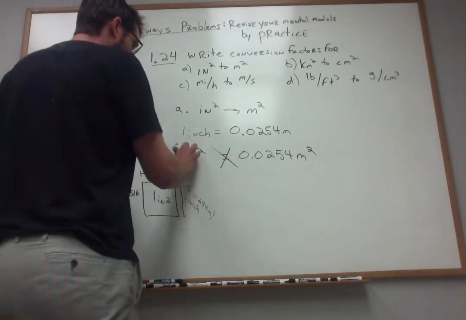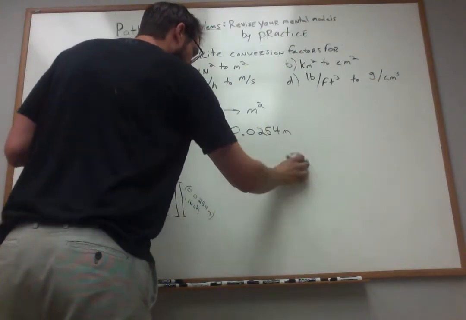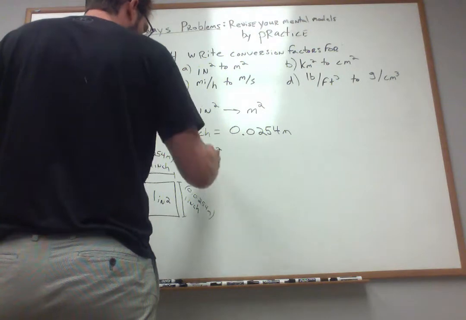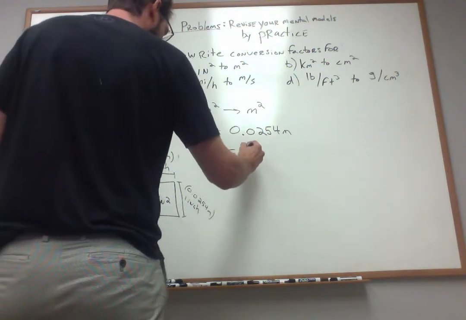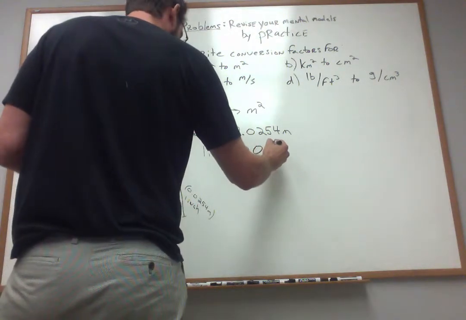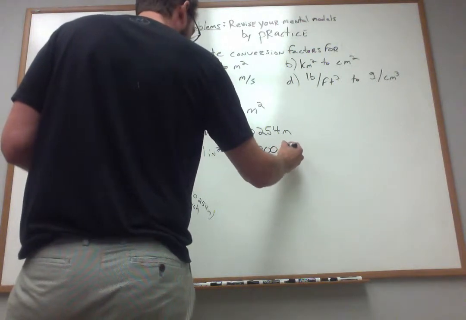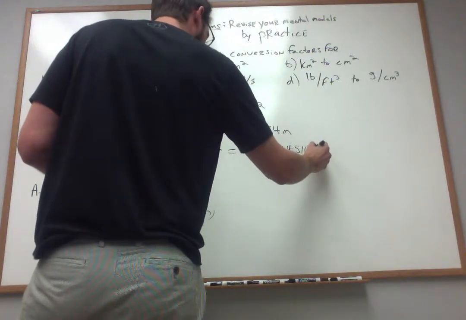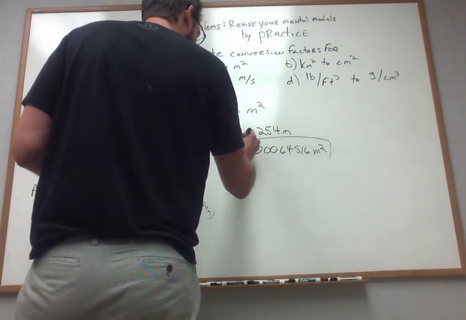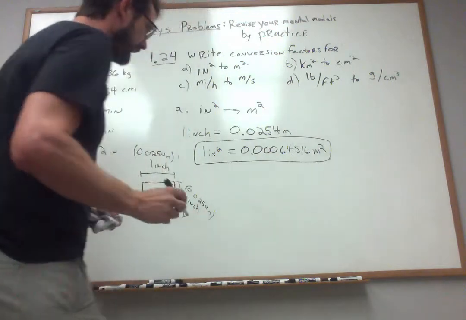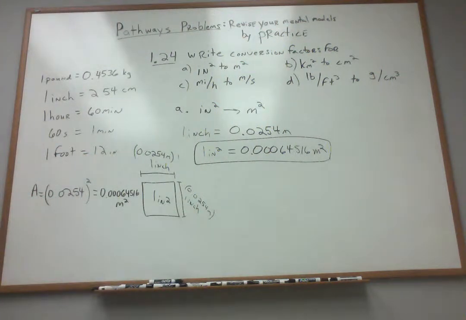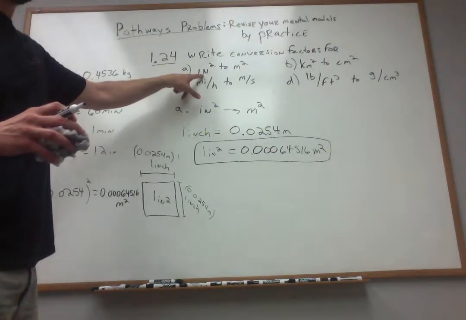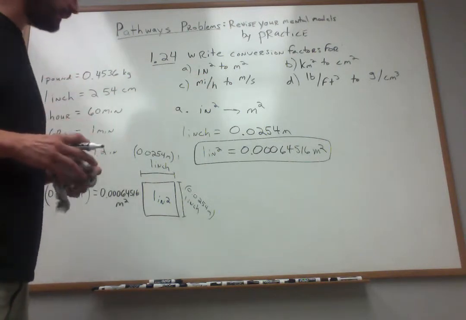So 1 inch squared is not equal to this, but we now know that 1 inch squared is in fact equal to 0.00064516 meters squared. And I've now generated my conversion factor to use to convert between the units described in A. It's as simple as that, okay?